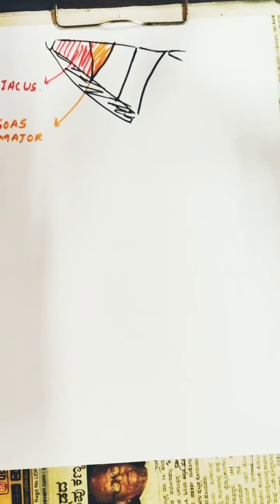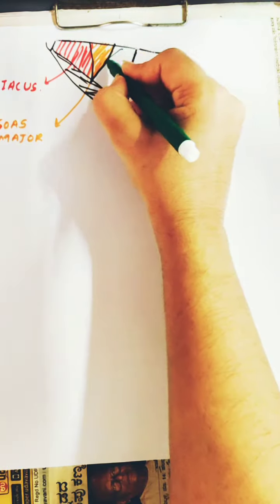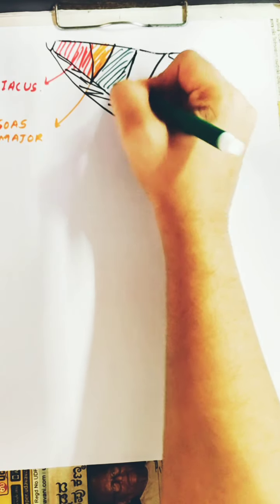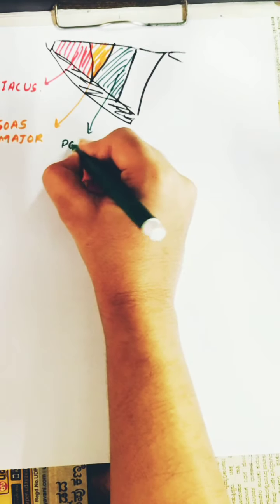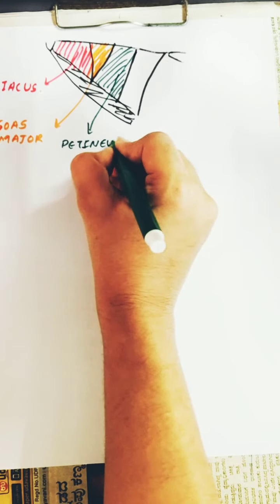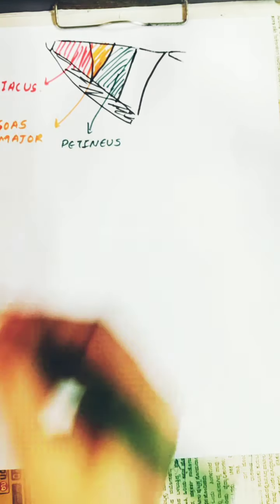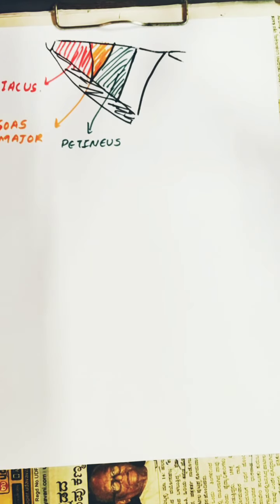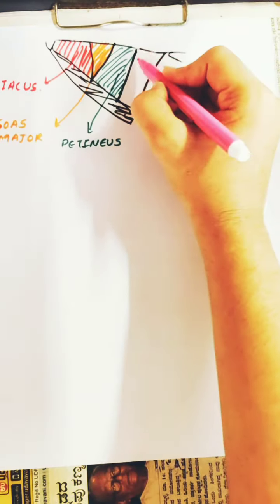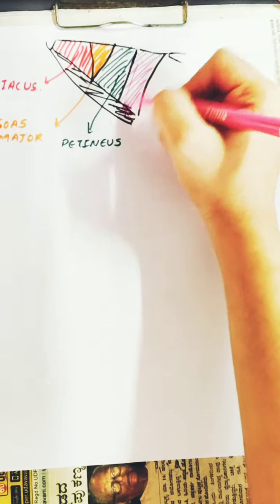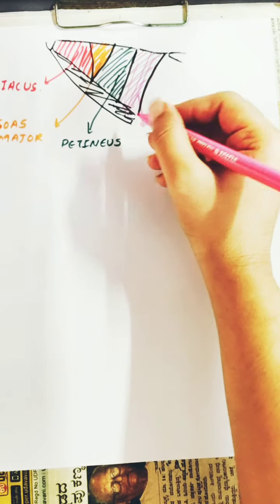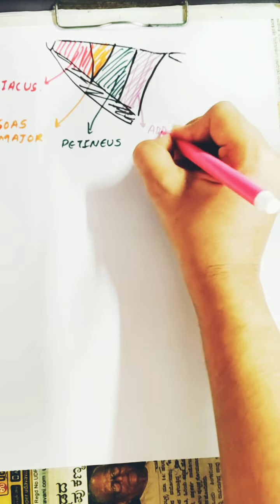And the third one is the pectineus muscle. And finally, the fourth muscle is the adductor longus muscle.